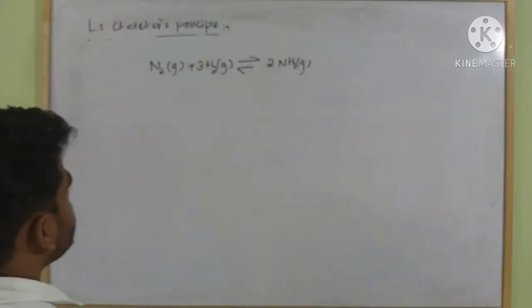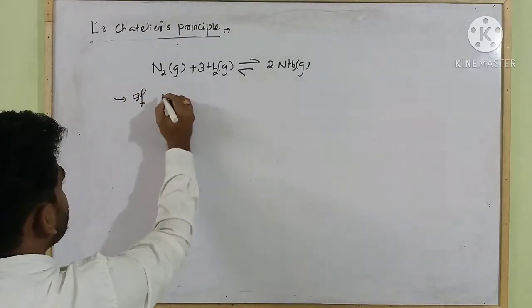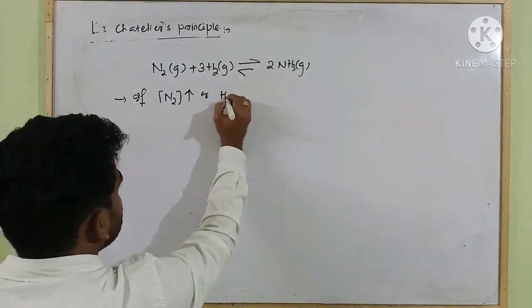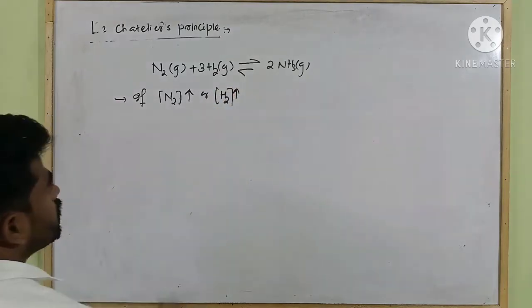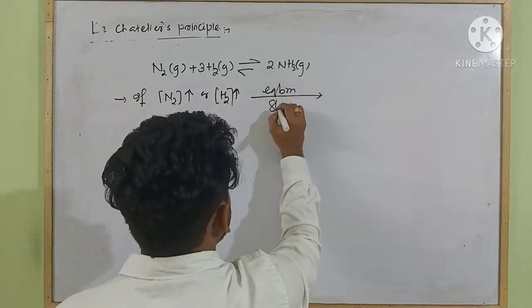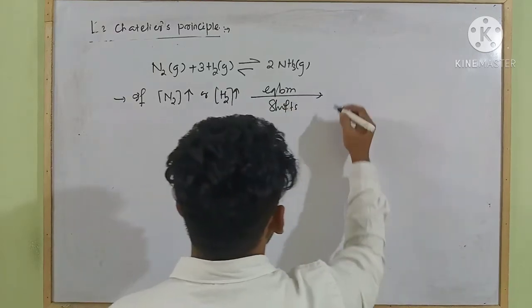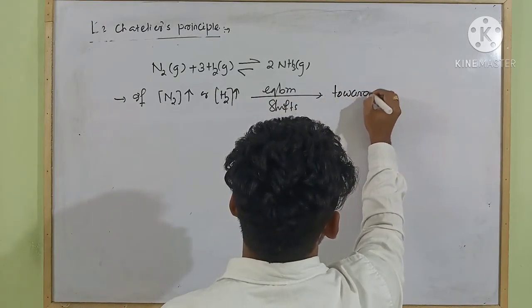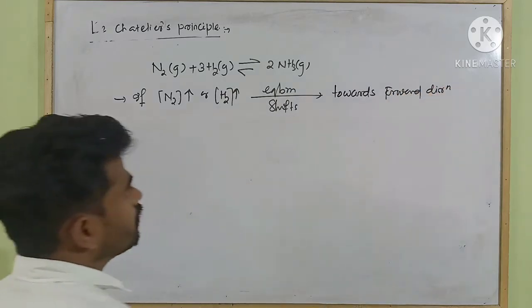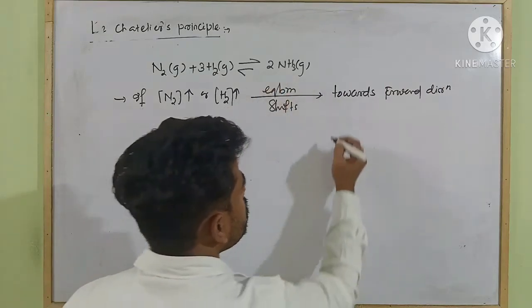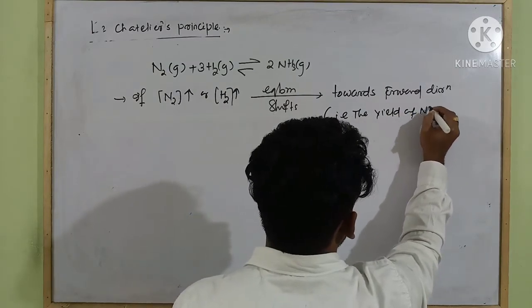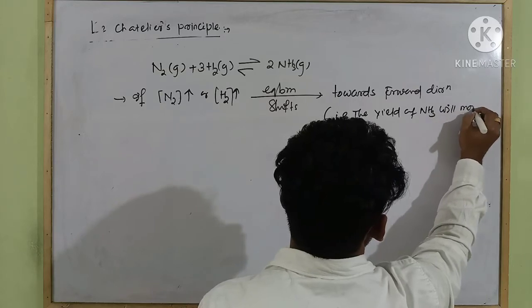Here we see, simply I can write, if we increase the concentration of nitrogen or the concentration of hydrogen, then the equilibrium shifts towards the forward direction, so that the yield of ammonia will be more.